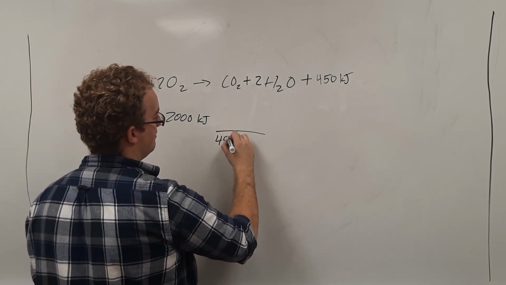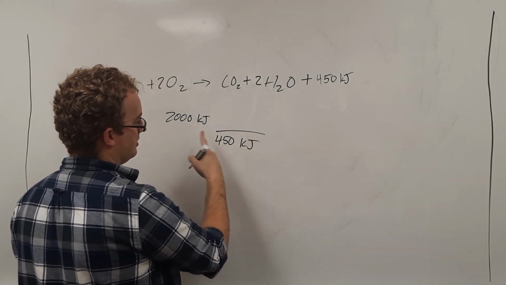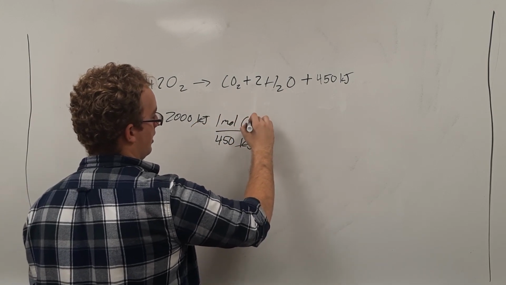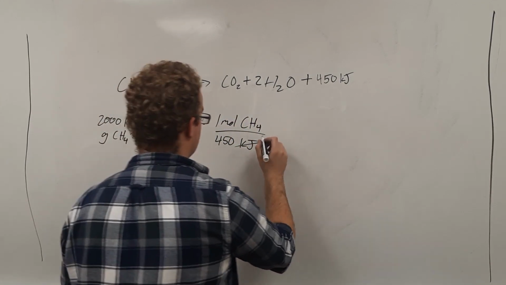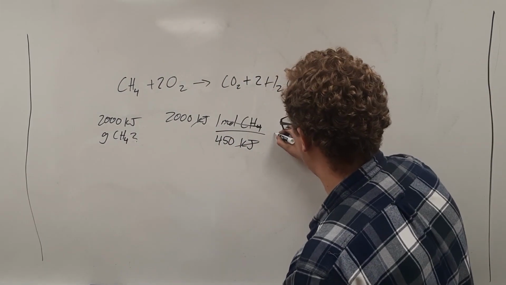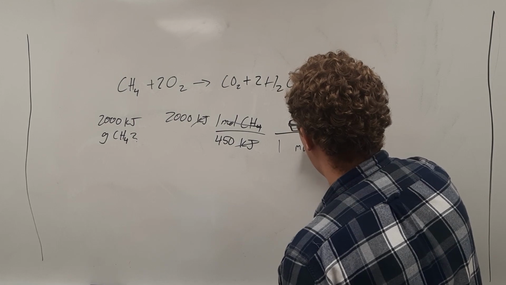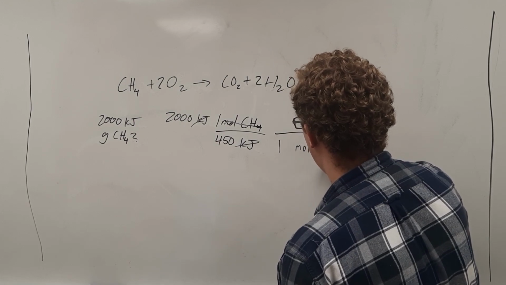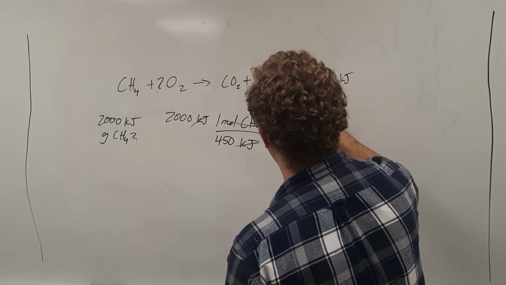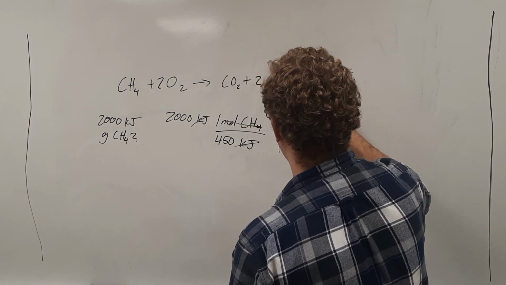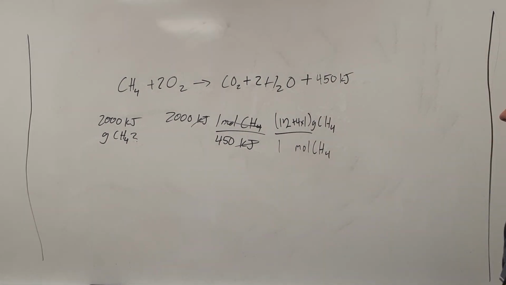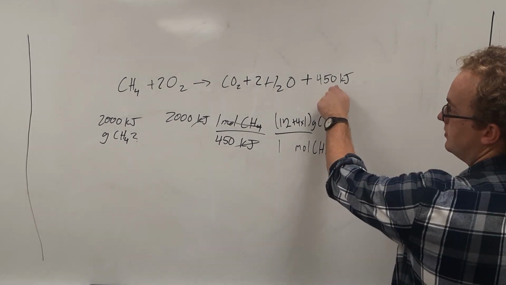So I'll put 450 kilojoules here to cancel out the kilojoules, and 1 mole of CH4 here. Then we can use the molar mass to convert from moles of CH4 into grams. So 1 mole of CH4 times 12 plus 4 times 1 grams of CH4. And we've done it.